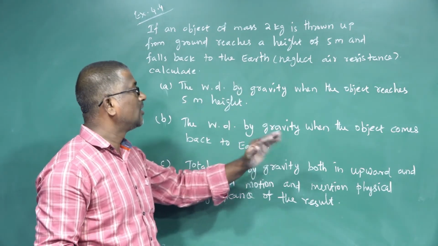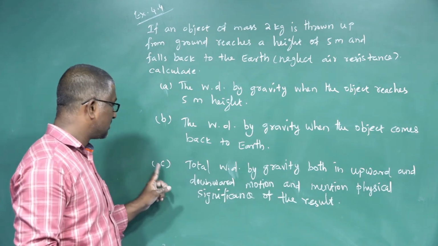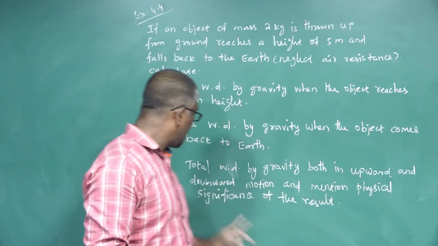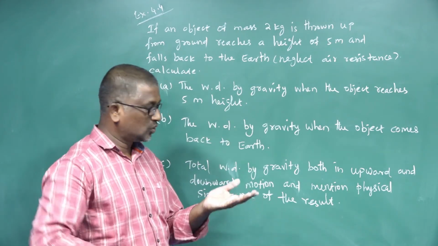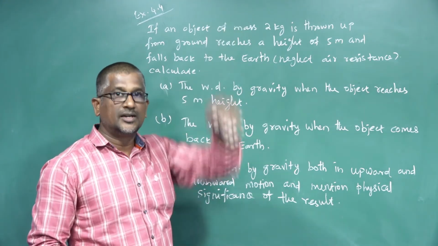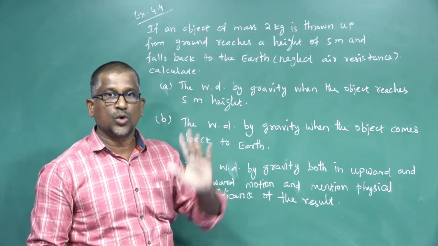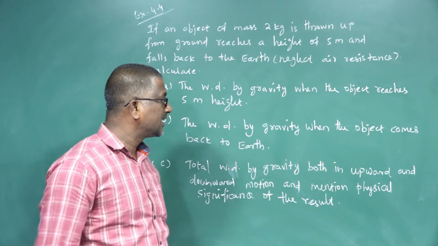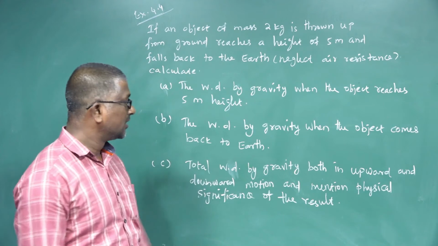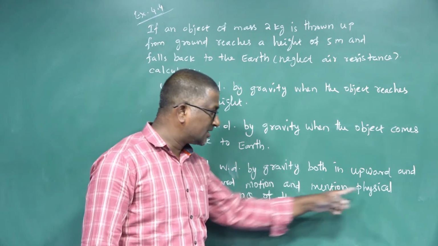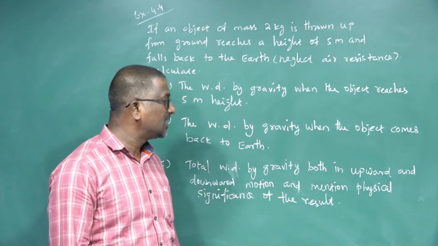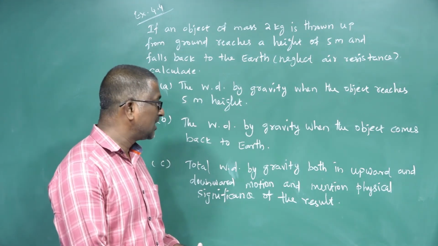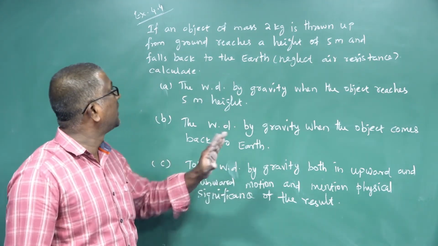Next, the total work done by the gravity in both upward and downward motion. Finally, mention the physical significance of the result. Physical significance means importance. What is the importance of the result? We need to find this out in this question.